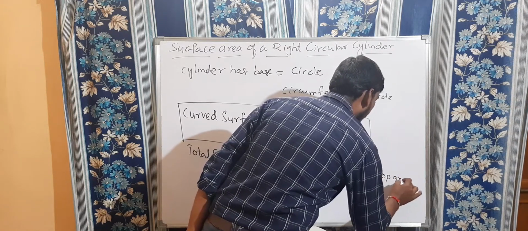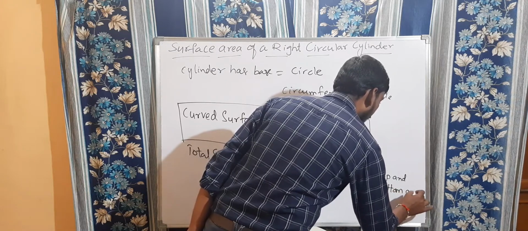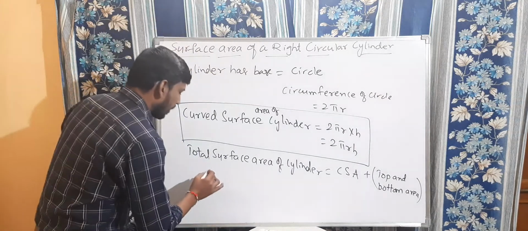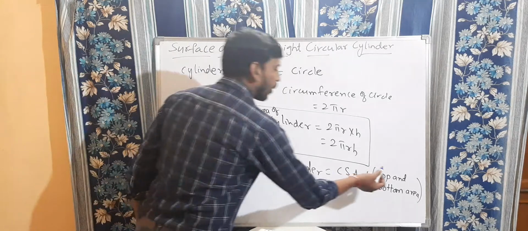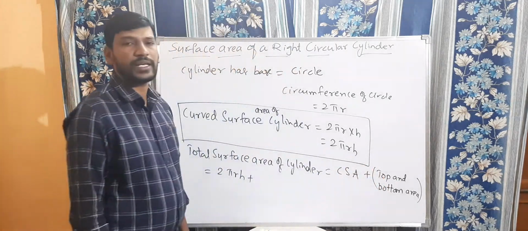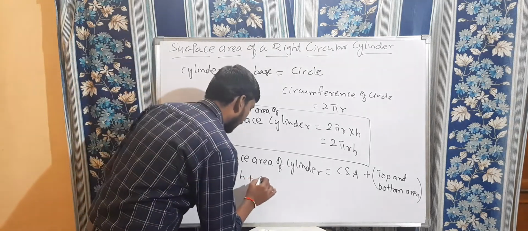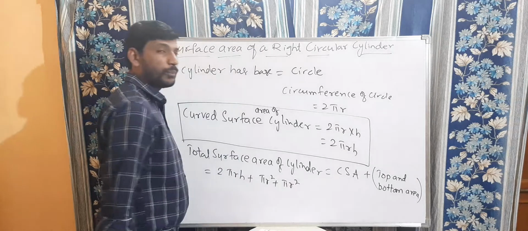Clear? Now what is CSA here? CSA is nothing but 2 pi r h, plus top area and bottom area. Area of circle is nothing but pi r square. So pi r square is the top, plus pi r square of the bottom.